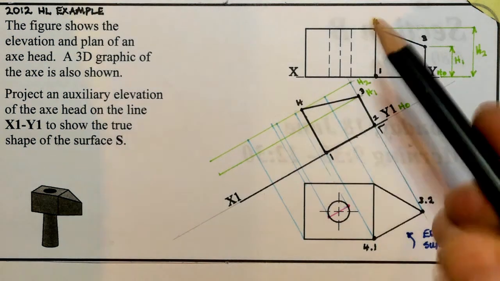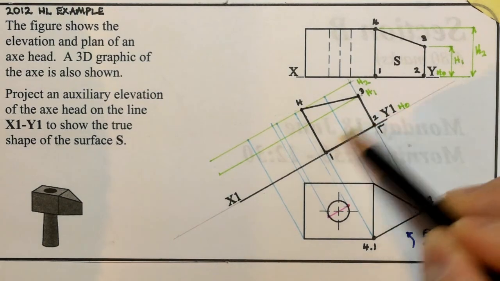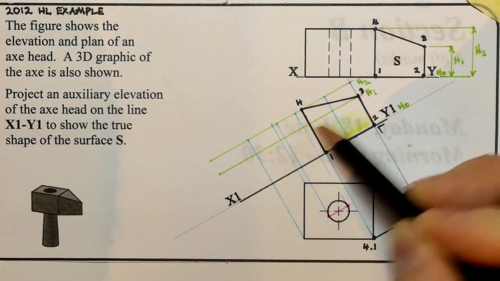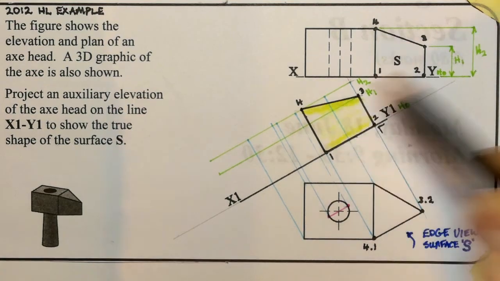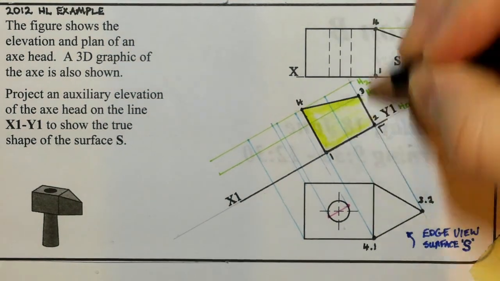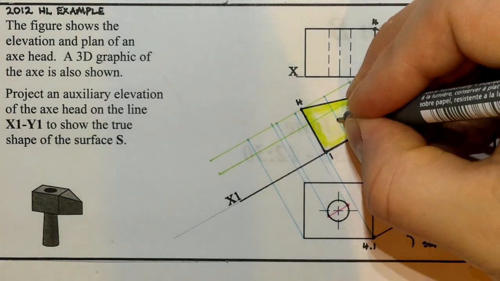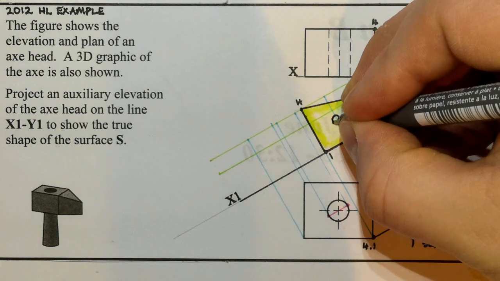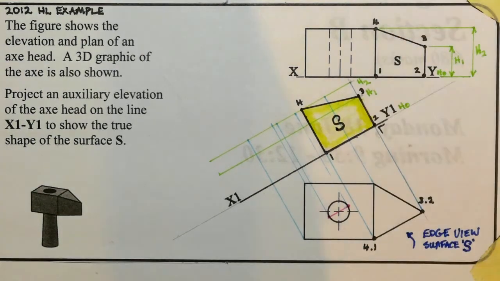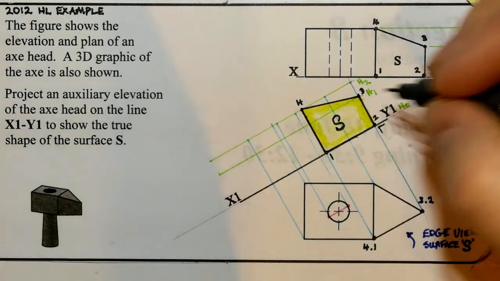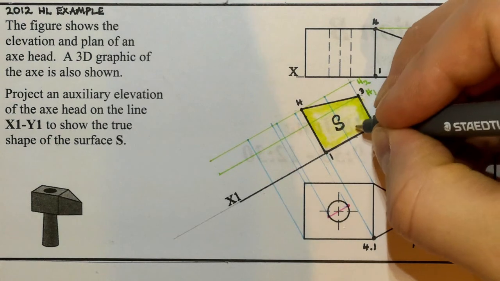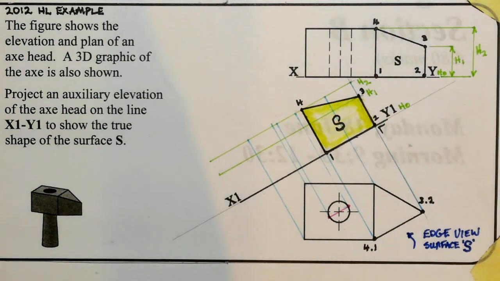I think it's no harm in the exam just to take literally a few seconds to apply a bit of colour to that surface, and to write in S on that surface. Okay, so there's the true shape of surface S right there. So you could put TS on that if you wanted, just highlighting S.